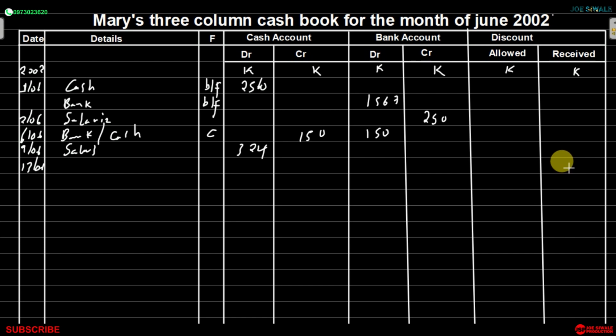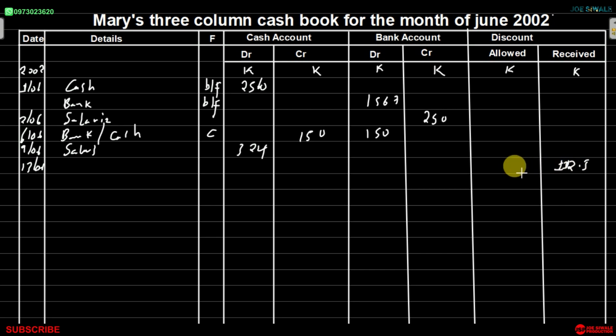So we have 112.5, and since we are paying Carol by check, that means that money was going out of the business. To find the amount that we're going to record, we're going to say 450 minus 112.5.